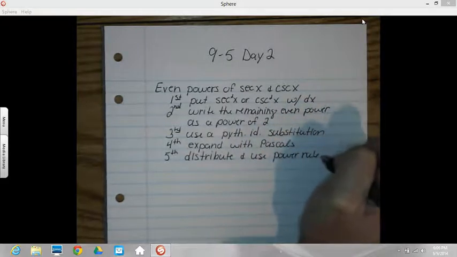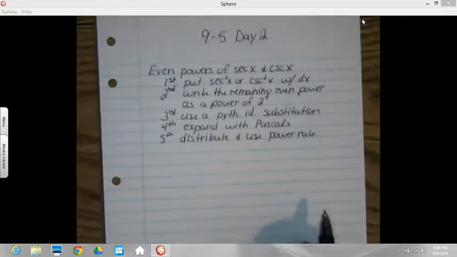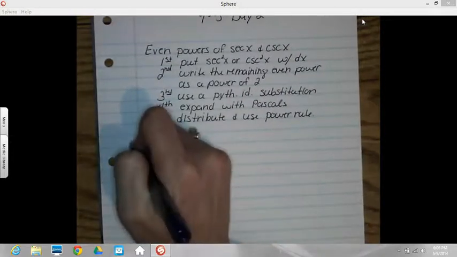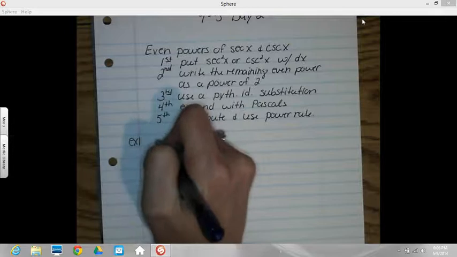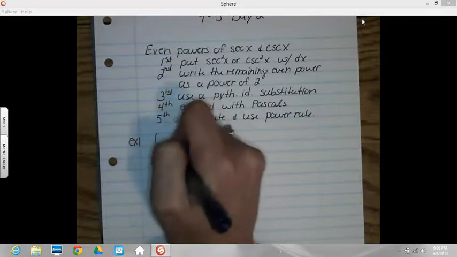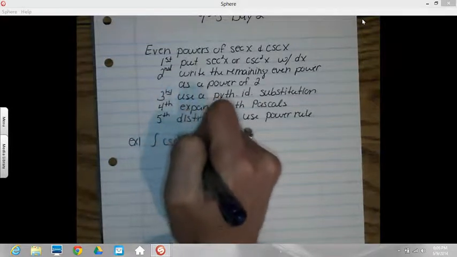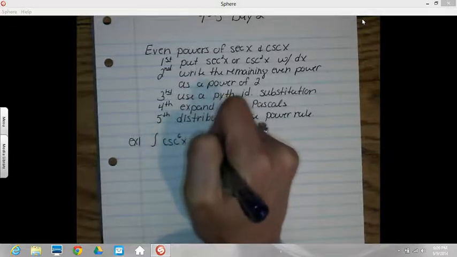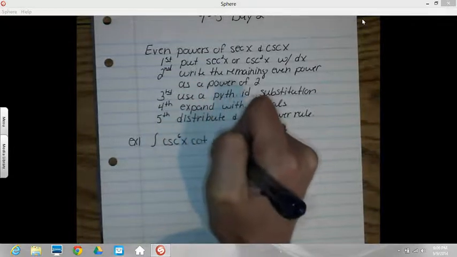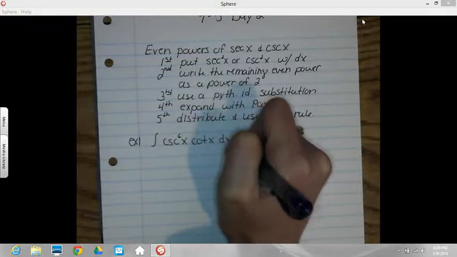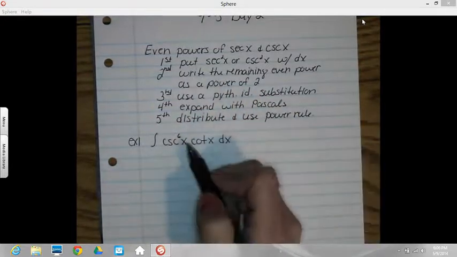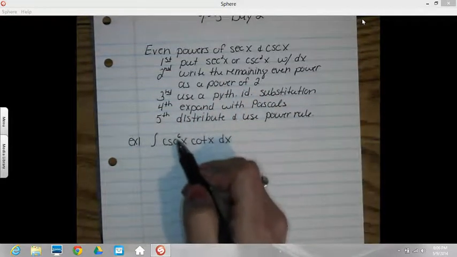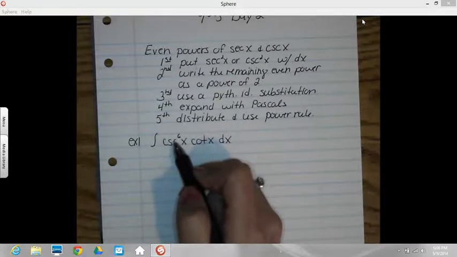Okay, let's try one. The integral of cosecant to the 6th x times cotangent x dx. Okay, I've got the even power on cosecant, so that's the one where I'm going to steal a cosecant squared, slide it next to the dx.